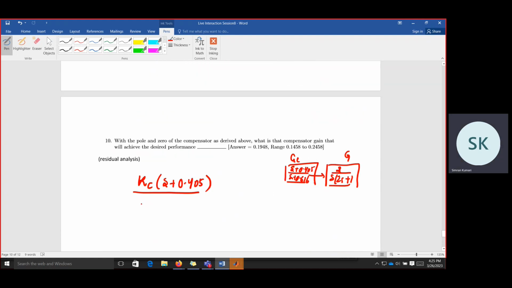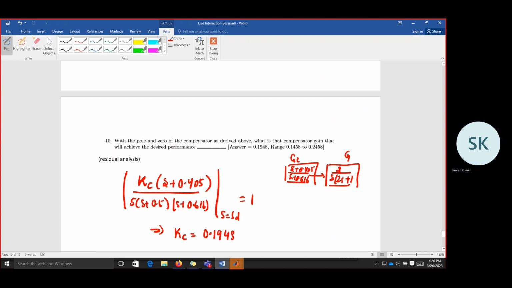So we'll just have Kc into this, by s(s + 0.5)(s + 0.616). So the magnitude at s equal to sd that we had found is equal to 1. We'll simplify this, we'll get Kc equal to 0.1948. Okay, so at this value, this root locus will pass through this compensated pole, or this dominant pole.